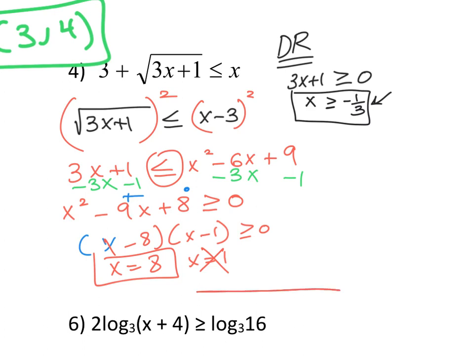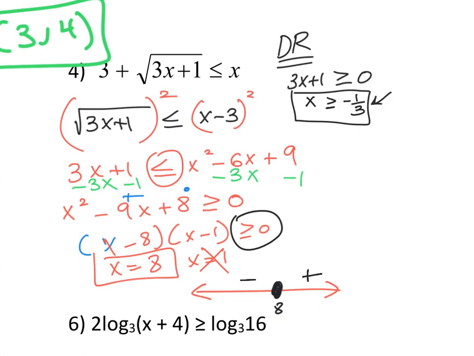So that means the only possible root in this inequality is 8. Now, since I want anything that's greater than or equal to 0, I'm going to include 8 in my solution. Now, take a number above 8, let's say 9. That's going to give me something positive and positive, so that's going to be a positive answer.